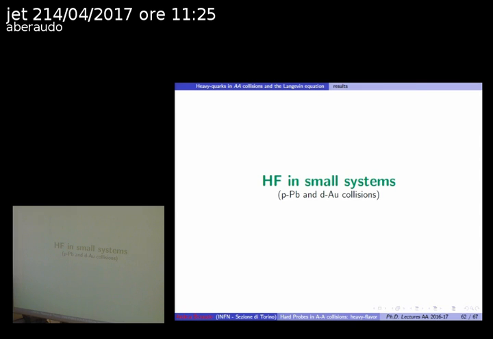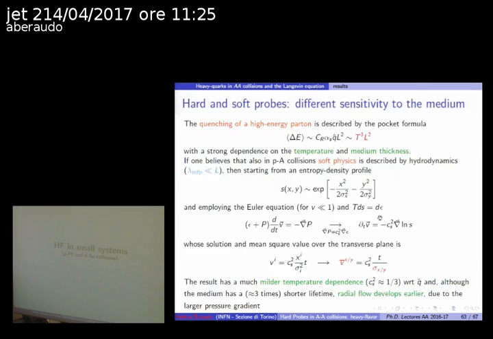Focusing on soft hadrons, you have seen this elliptic flow, this triangular flow, these long-range rapidity correlations. Now the question is: are there signatures also for heavy flavors?